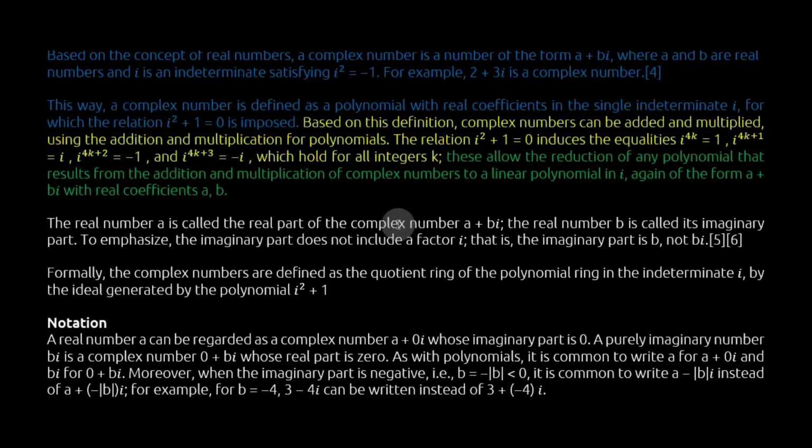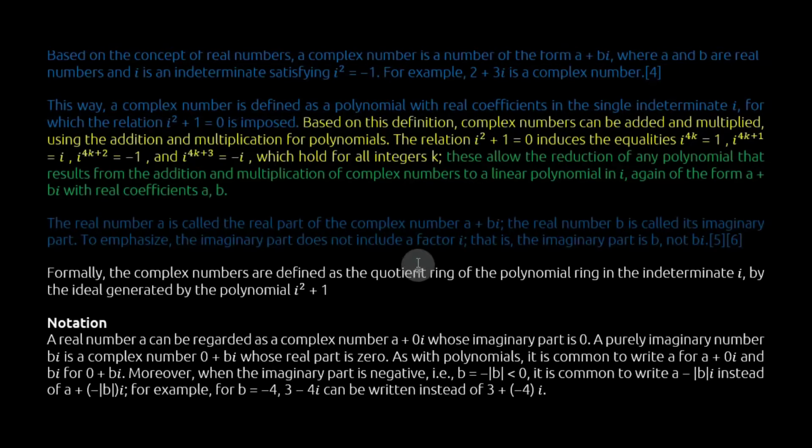So let's give it blue. It's still a description of the entity. Formally, the complex numbers are defined as the quotient ring of the polynomial ring in the indeterminate i by the ideal generated by i squared plus 1. This is still a description of the entity.